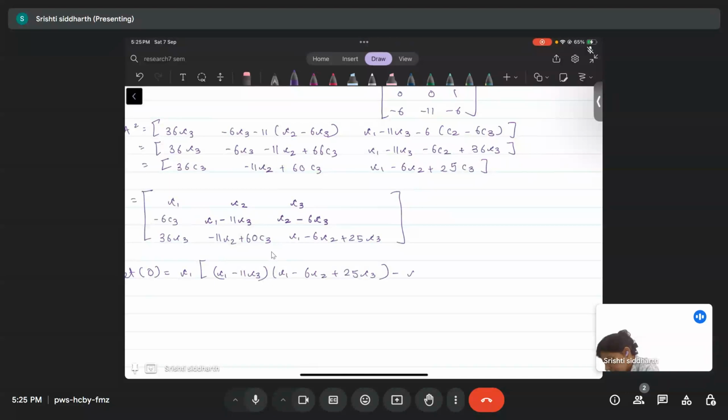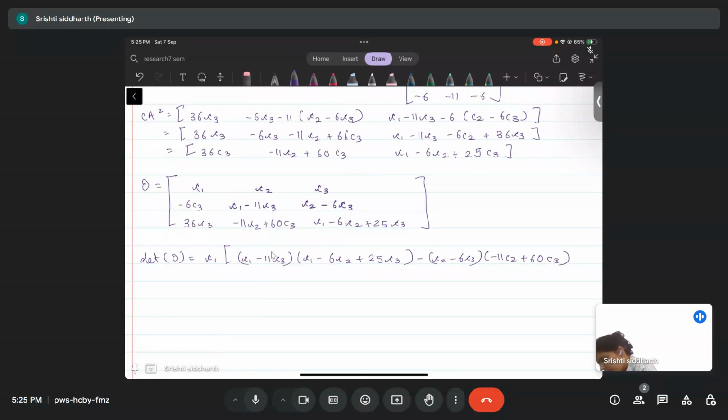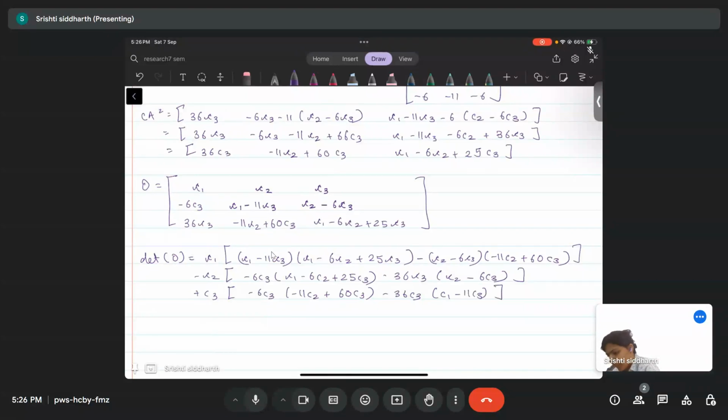then we have minus C2 minus 6 C3, and then minus C2 minus 6 C3 into C1 minus 6 C2 plus 25 C3, minus 36 C3 times C2 times minus 6 C3, plus C3 times minus 36 C3 times C1 minus 11 C3.